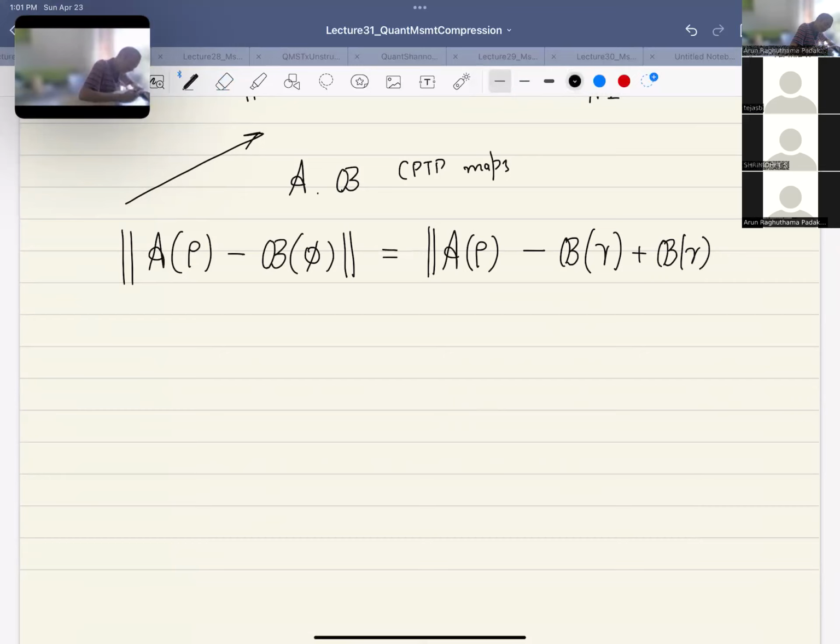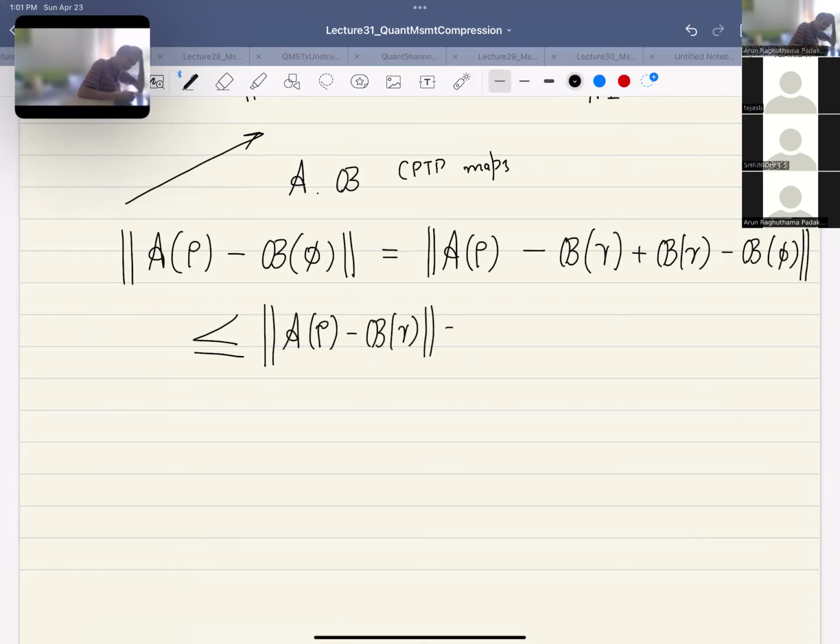You can always add and subtract, no problem with that. I've just added and subtracted B gamma. Now I'll use the triangular inequality of the operator norm. So this is A rho minus B gamma plus B gamma minus B phi. This is just triangular inequality.